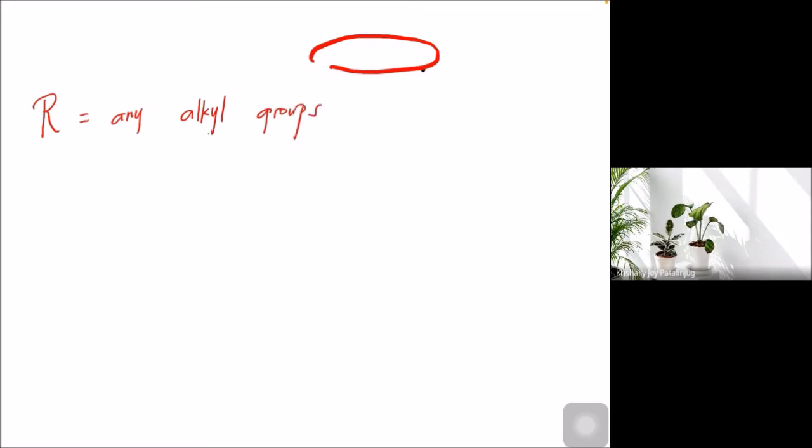And we all know that in alkyl groups, the point of attachment is the carbon atom. So I repeat, the symbol capital R that we will encounter later on in the type formulas or general formulas of the functional groups stands for alkyl groups.